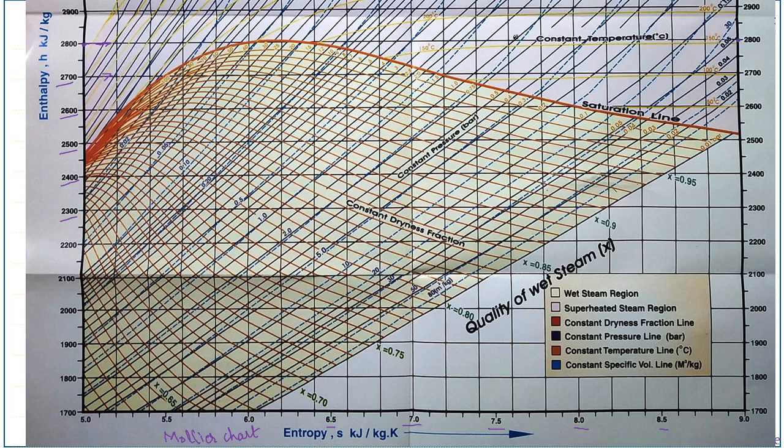So all horizontal lines on this graph represent constant enthalpy lines, whereas on x-axis we take entropy. So all these vertical lines on this graph are representing constant entropy. Constant entropy lines are represented by vertical lines and horizontal lines represent constant enthalpy. So these are the two important lines that are shown on this Mollier chart.